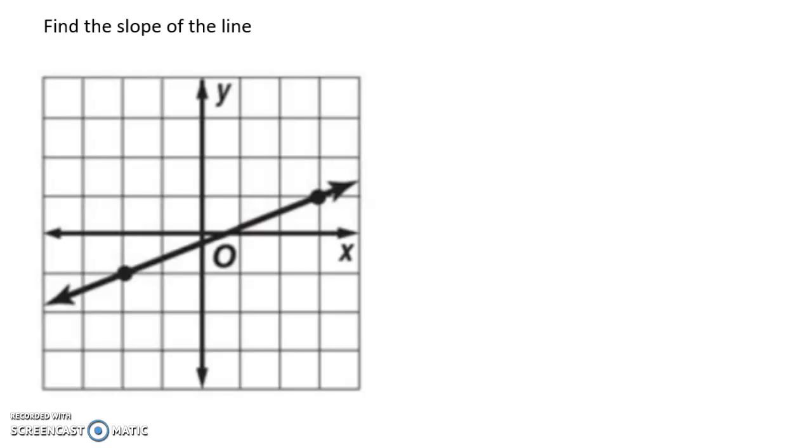The first thing you should do is look at the line and see if it is a positive slope line, and it is, and so our slope will be positive. I'm going to pay attention to my dots, and I'm going to travel my rise and then my run.